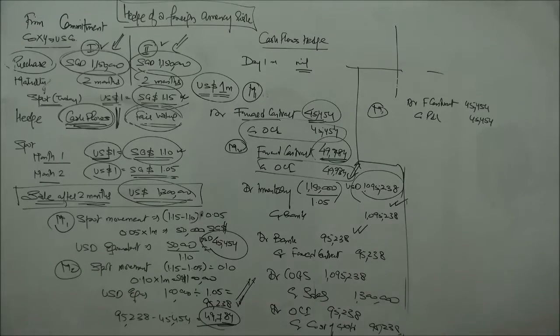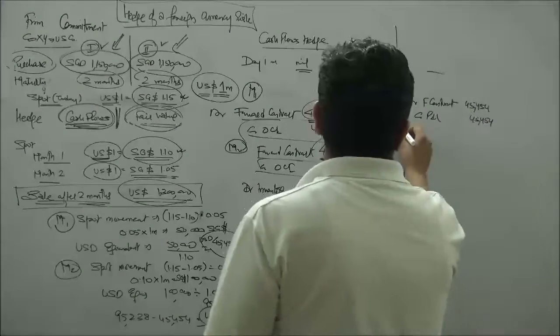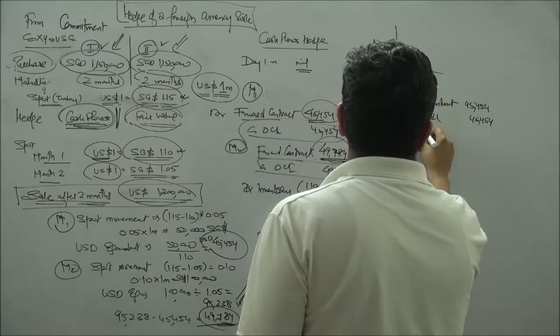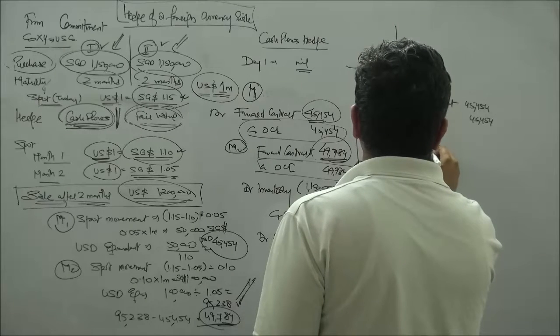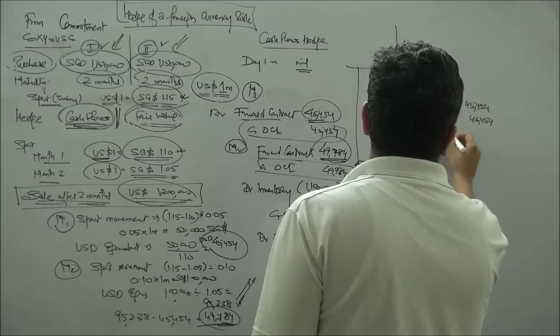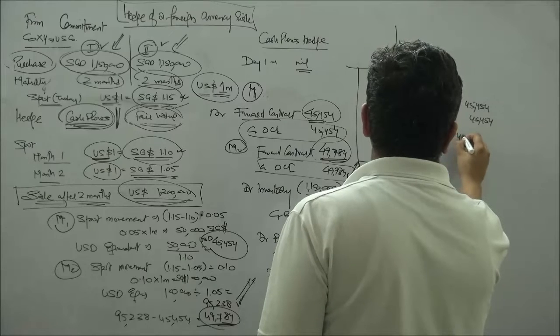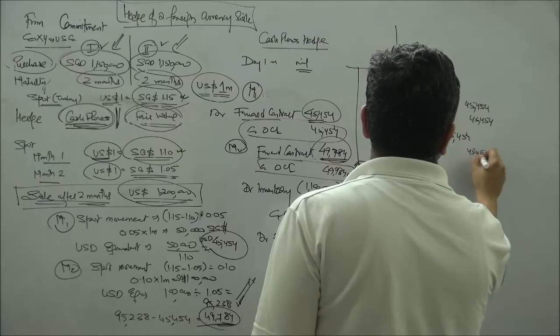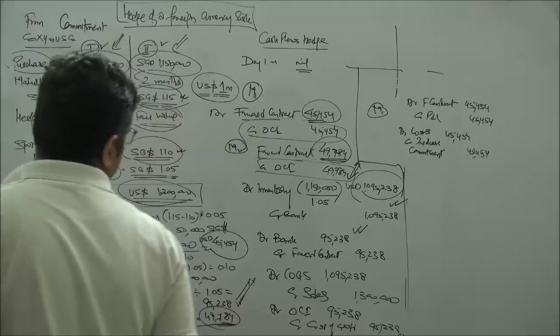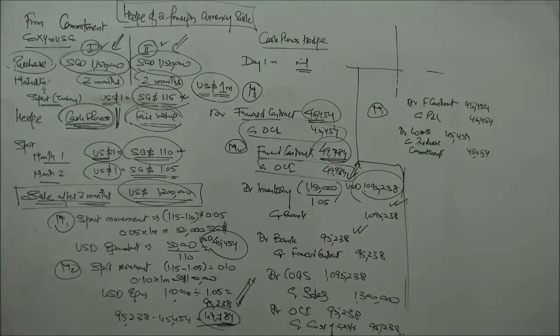So the idea is that we shall book a loss, and we call that purchase commitment a liability at the same time. Now the objective of doing this transaction is simple.